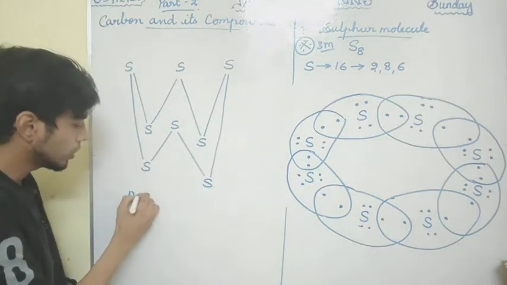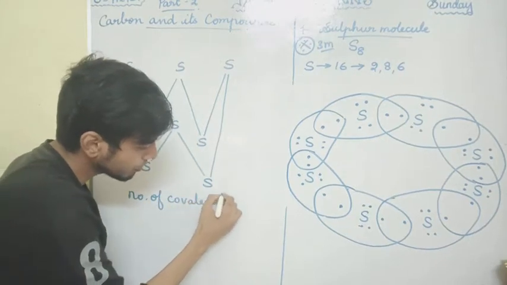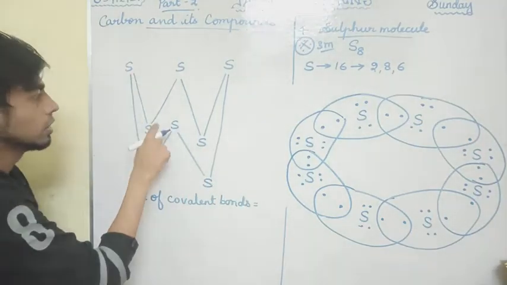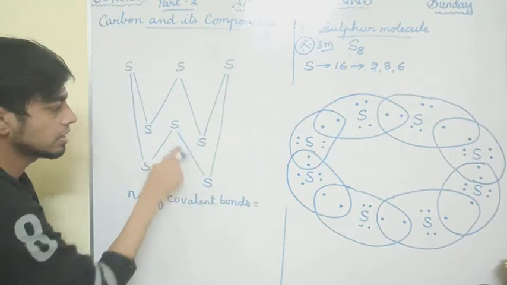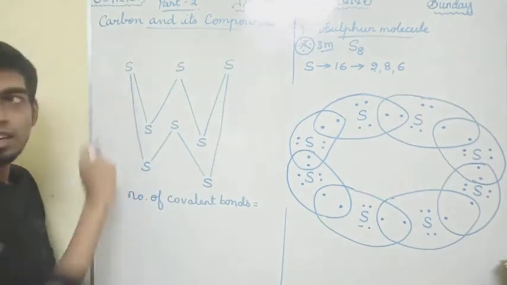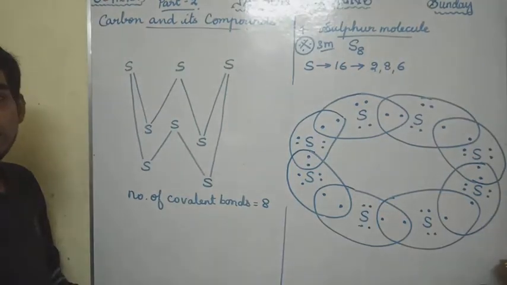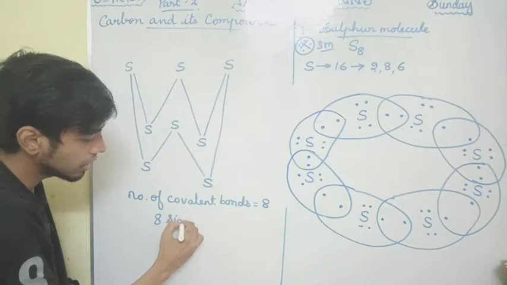Now you tell me how many covalent bonds are here. How many covalent bonds? 1, 2, 3, 4, 5, 6, 7, 8. How many covalent bonds are there? 8. And all the bonds are single bonds. Yes or no? So there are 8 single bonds.